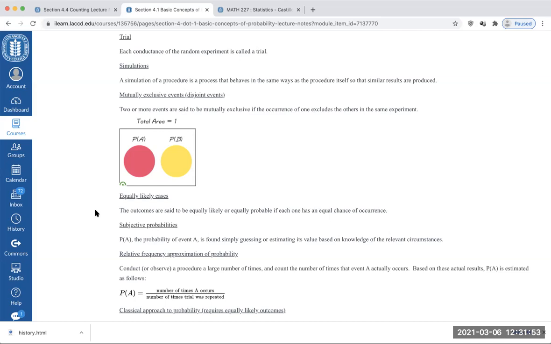Now, just because there are two possible outcomes, that doesn't mean there's a 50-50 chance that you live. And so in this case, it's not a simple counting procedure to determine the likelihood of any one of those two events.